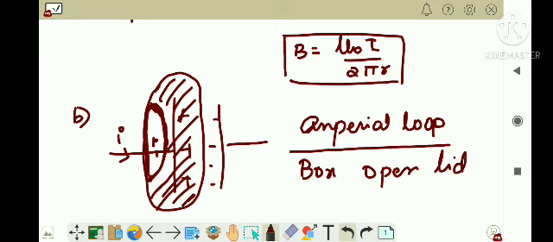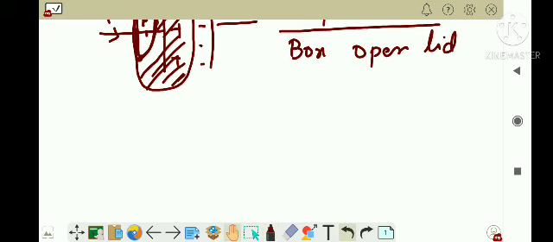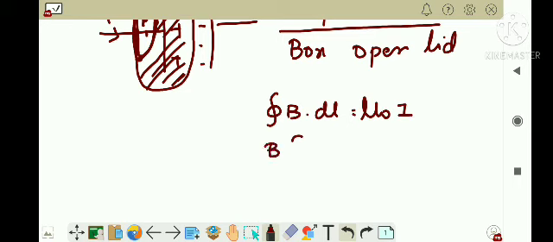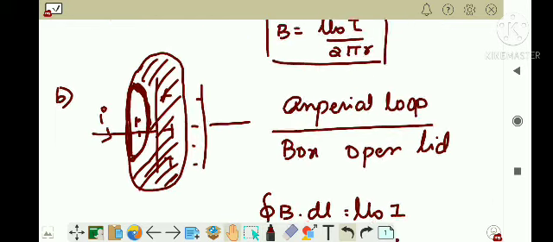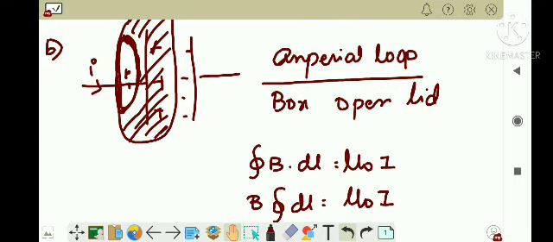This much is clear. So for this Amperian loop, you are going to write the same equation. The closed integral of B dot dl is equal to mu 0 I. Again B times the closed integral of dl is equal to mu 0 I. Now this loop is an Amperian surface and it is inside the capacitor, and you know the capacitor has a fixed charge.